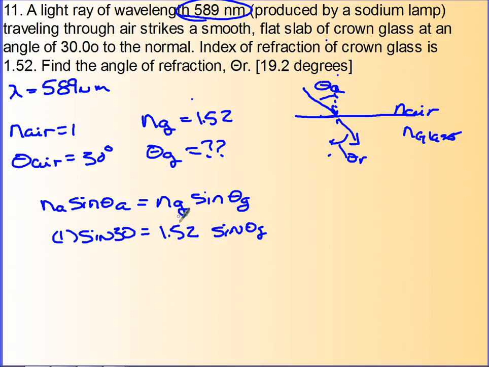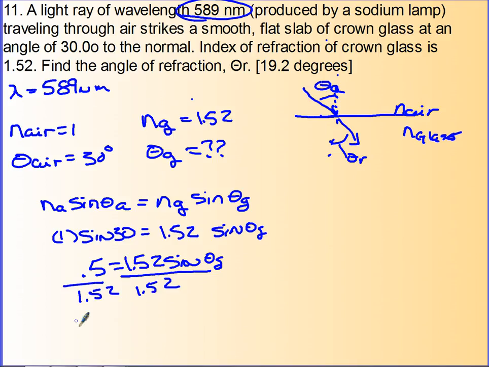Now, let's see. Sine of 30. How do you do that? On my calculator, I type in SIN in parentheses, 30, close parentheses, and hit enter, and that gives me 0.5. It's 1.52 sine theta g. So I'm going to divide both sides through by 1.52. So sine theta glass is equal to 0.5 divided by 1.52.